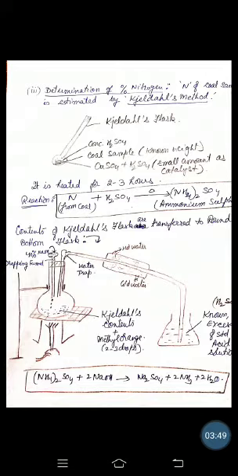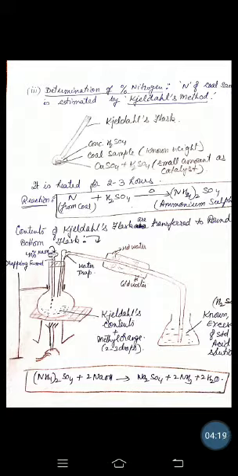Now when we add sodium hydroxide solution drop by drop, NaOH reacts with ammonium sulfate to form sodium sulfate plus ammonia plus water. Because we are heating it, the vapors of ammonia as well as water vapors begin to rise.